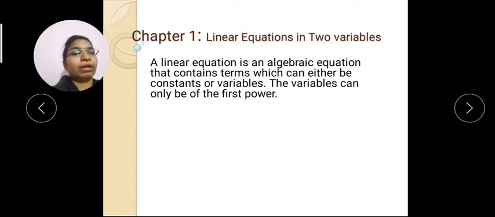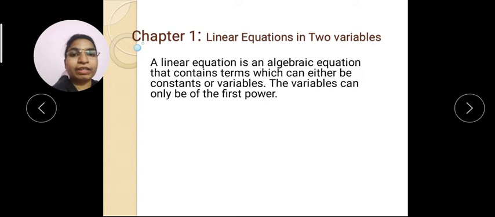So all of you know what is the difference between an equation and an expression. A polynomial is an expression. When we are equating some value in front of an expression, it becomes an equation. So for example, ax plus b, this is just a two-term polynomial.